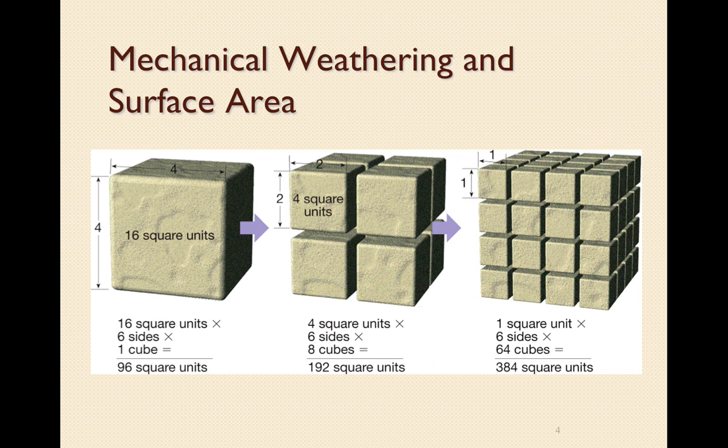So I want you to look at how mechanical weathering in the diagrams below has affected the surface area. While we still have a rock, the same amount of rock that we began with, we now have more exposed surface area in the third block than we have in the first original block.